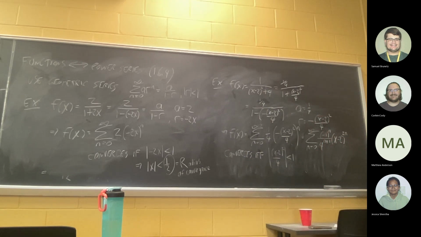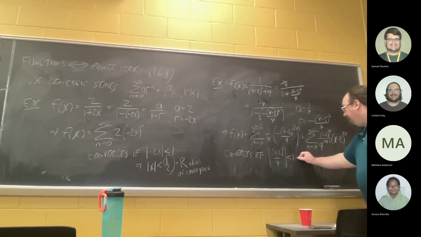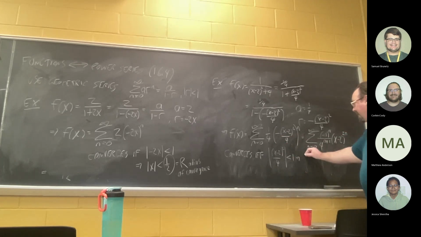Now I need this to be in the form absolute value of x minus something is less than whatever the radius of convergence is. So I could take the square root of what's inside. I'll have absolute value of x minus 2 over 2 less than 1. So the radius of convergence turns out to be 2.